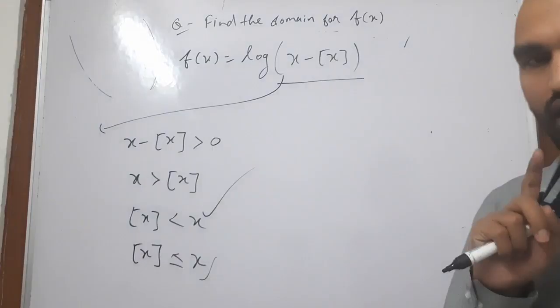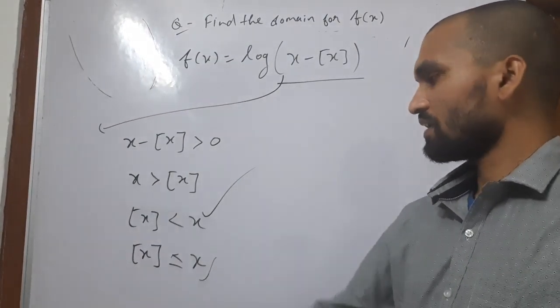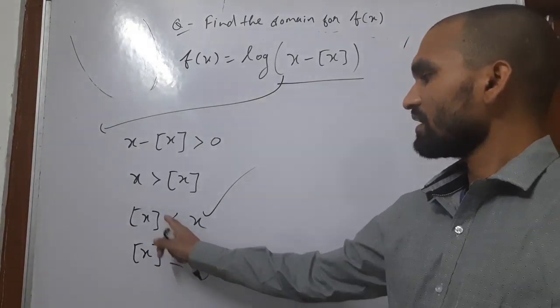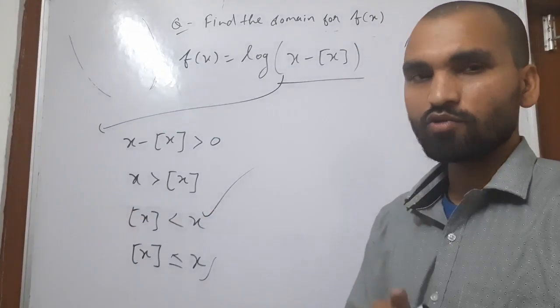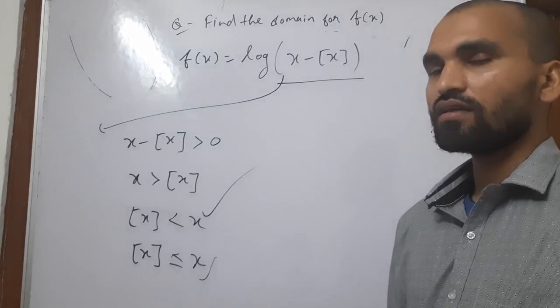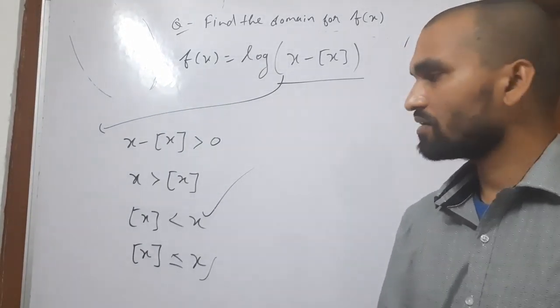We know that all integer values give greatest integer x equal to x, but in our problem there is no equal sign, so we should remove all those values which give the equal sign, and we know that the equal sign gives all integers.